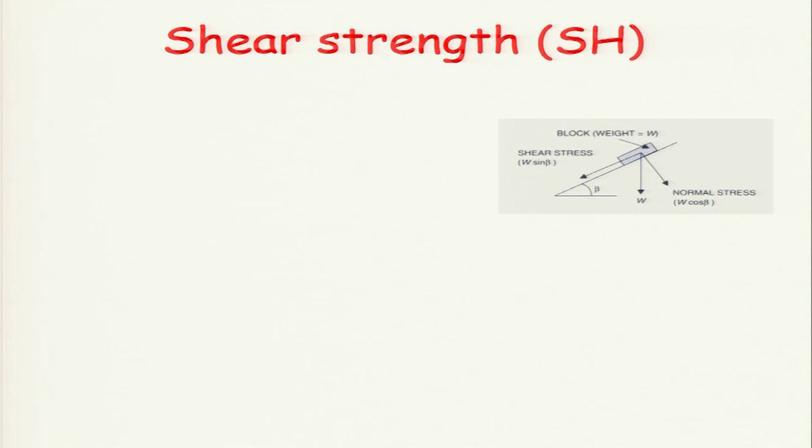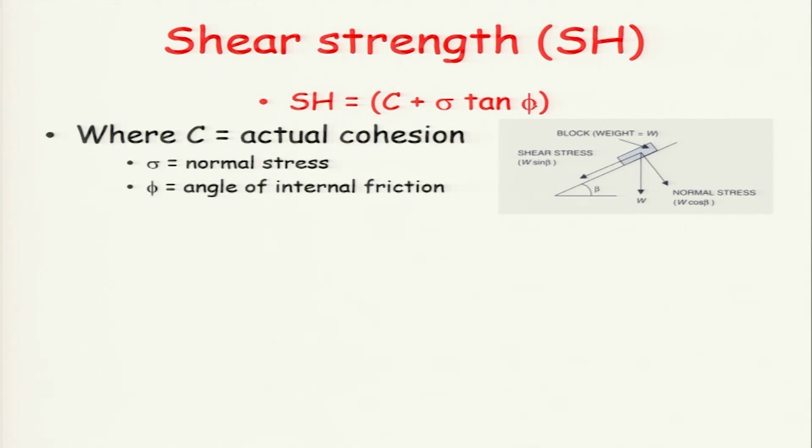Now if we take shear strength of the material, that can be resolved as C plus sigma tan phi. Tan phi is your internal friction coefficient, and C is your actual cohesion. So as I was saying, sand is cohesionless, so the coefficient of internal friction or angle of internal friction will be different than for other material, like silt or clay.